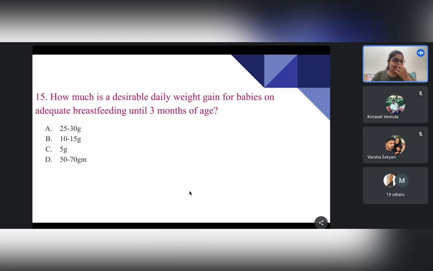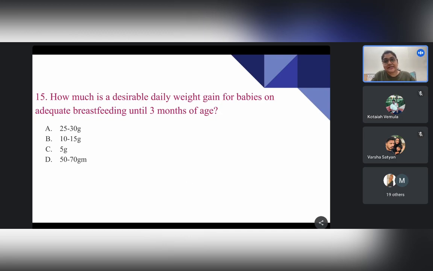So what is the nutritional status of the child, and how will we monitor that? This needs to be monitored through a thorough checking of the weight of the child.